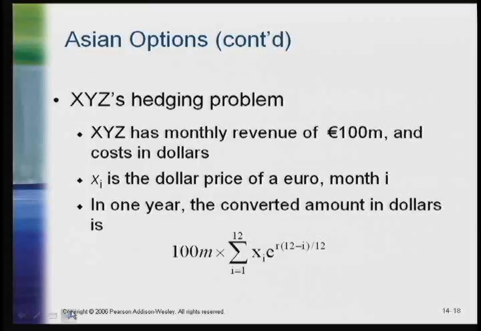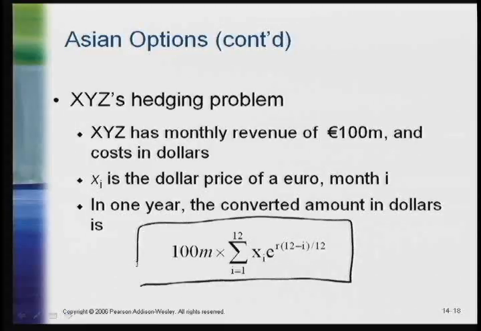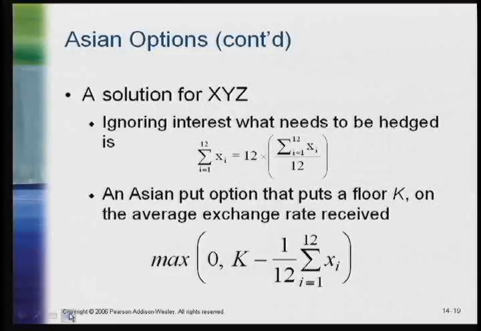The company could also look at it from the perspective of, in 1 year, it ultimately is converting this many euros to dollars, including interest. So if we just look at that, there's an arithmetic average built into that formula.